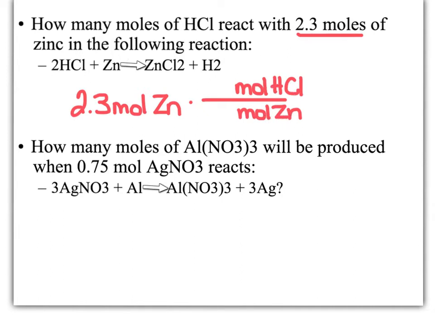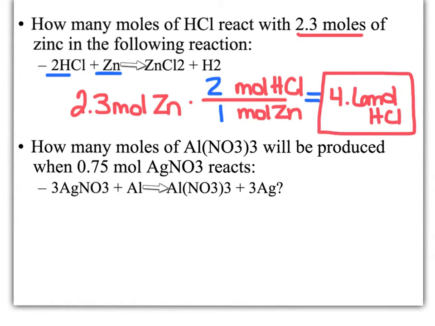And now we look at our relationship. So for every 1 zinc, we need 2 hydrochloric acids. And now we solve it. So in this case, it would be 2.3 times 2, which gives us 4.6 moles of hydrochloric acid.